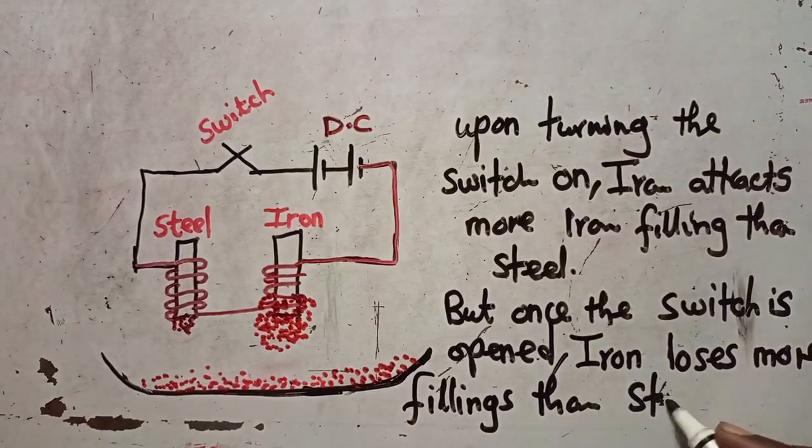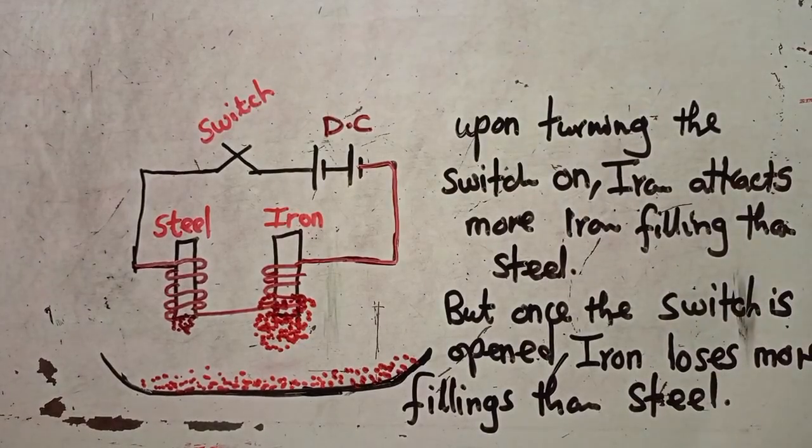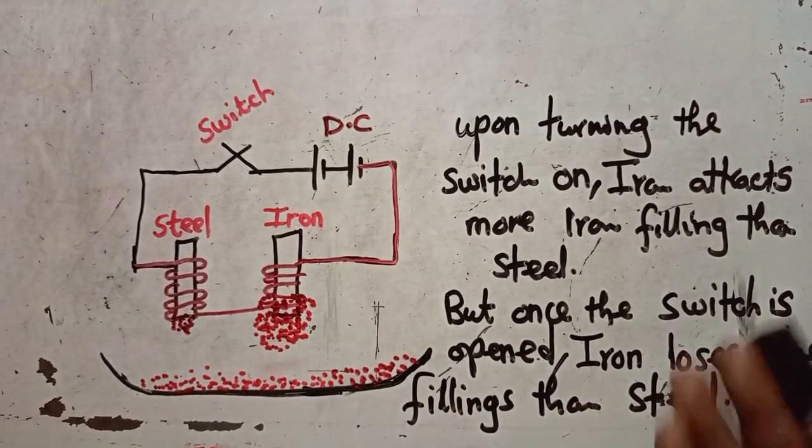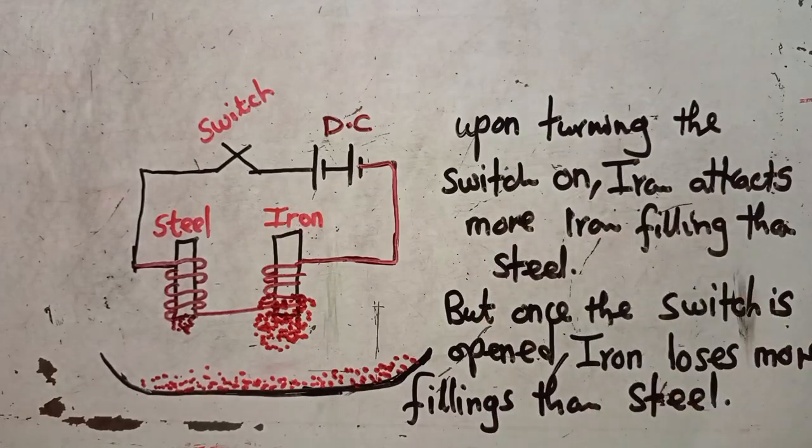steel. So the question was, describe an experiment you would carry out in a school laboratory to show the differences between the magnetic properties of iron and steel. These are some of the magnetic properties that we've seen. We can now conclude because of these two things that we've observed.